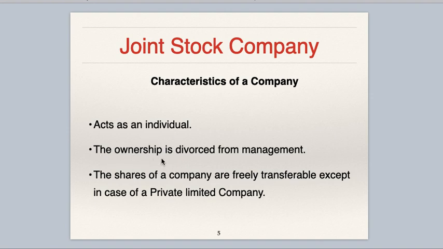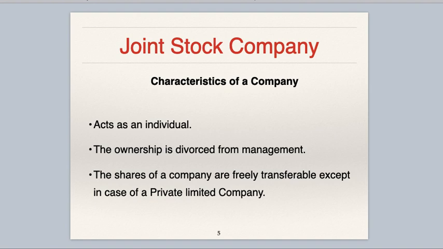Next characteristic is ownership is divorced from management. In case of a joint stock company, shareholders are owners who provide funds, but they do not manage the business. Joint stock company is managed by a board of directors who are elected by shareholders. Next characteristic, shares of a company are freely transferable except in case of a private limited company.